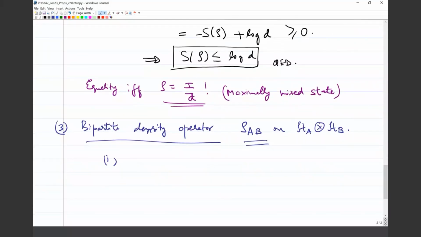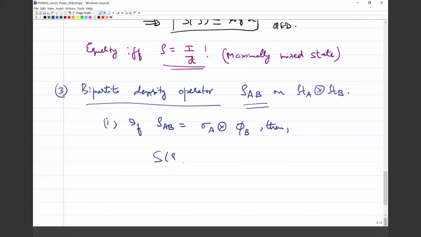If rho_AB is of the form sigma_A tensor phi_B, then this entropy is nothing but S of sigma plus S of phi.